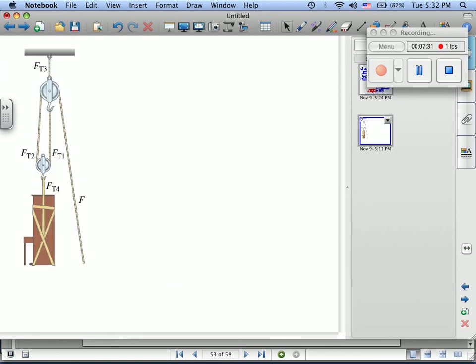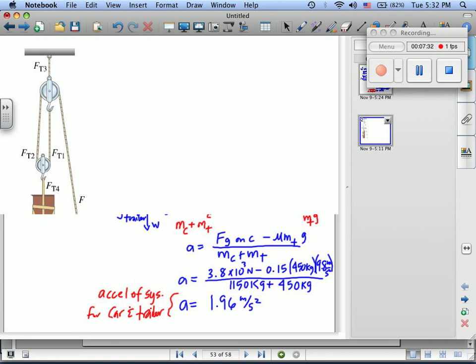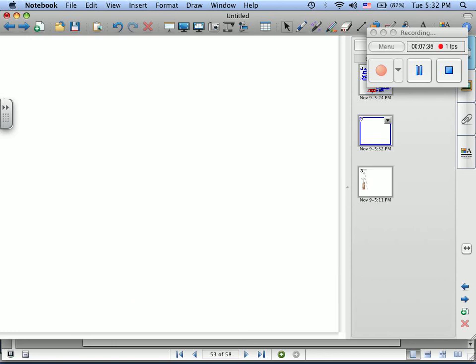Carrying over, I have the trailer, and the trailer has a rope attached to it that takes it to this car. I'm now going to draw a force diagram for the trailer specifically.